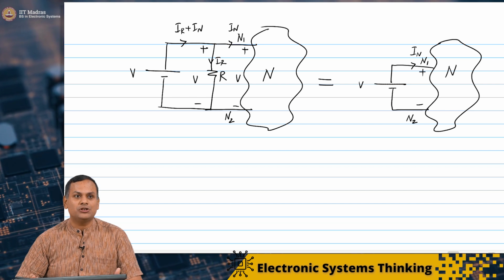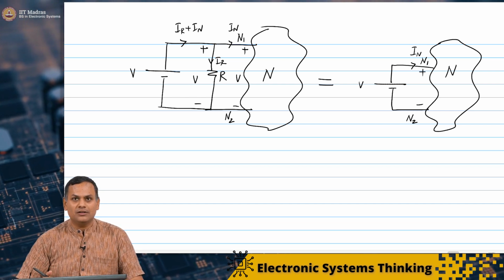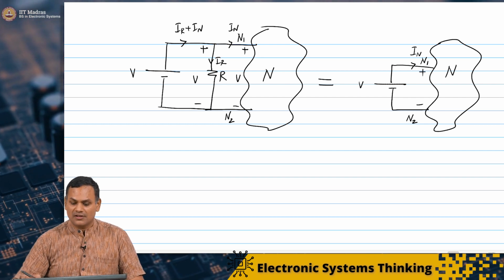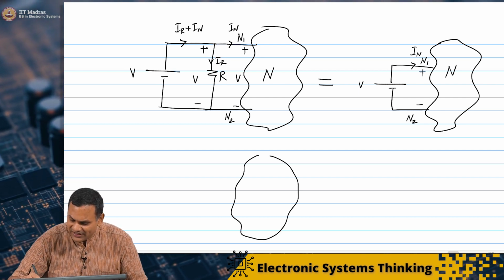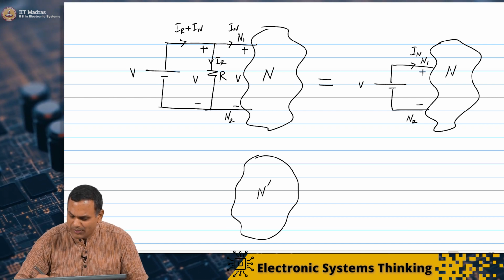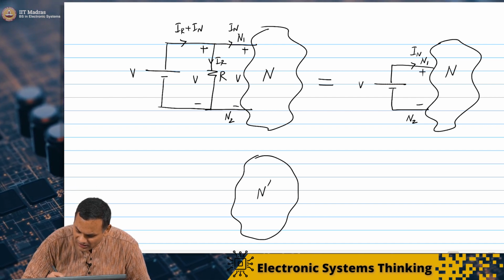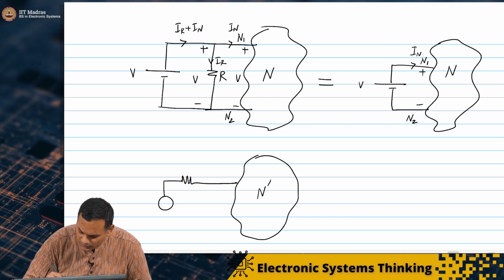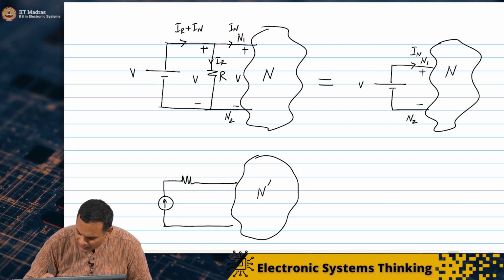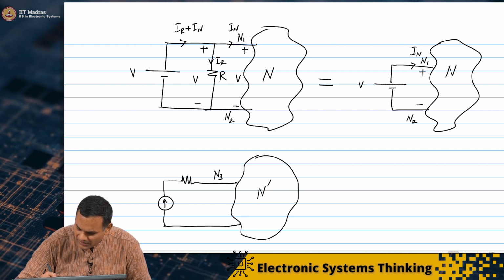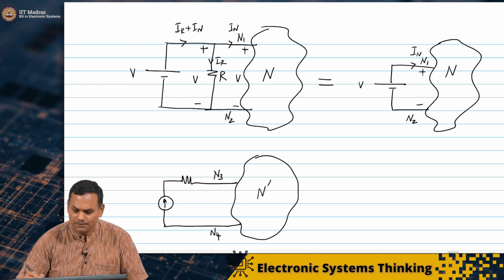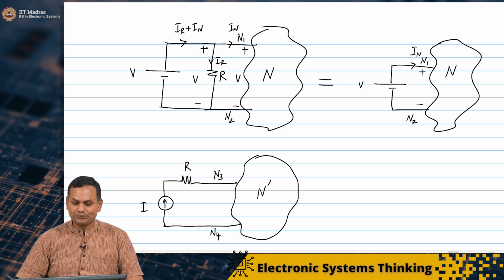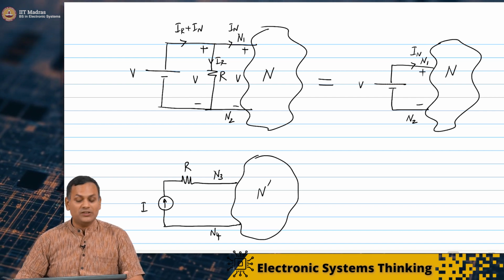Now, as I told you earlier, you can draw similar properties for current sources. So, now you can imagine I have a network n prime, I am going to connect a current source I across two nodes n3 and n4, and let us say this is some current I and some resistance R. What is the current flowing through n3?